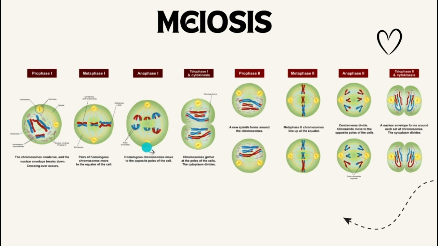Before that, the homologous pair, which we could also call a tetrad, is basically 4 chromatids, 2 chromosomes, right? So when they get pulled apart, we have one chromosome and one chromosome, right? And you can see the genetic variation. You can see what happened because of crossing over, that we have different colors.